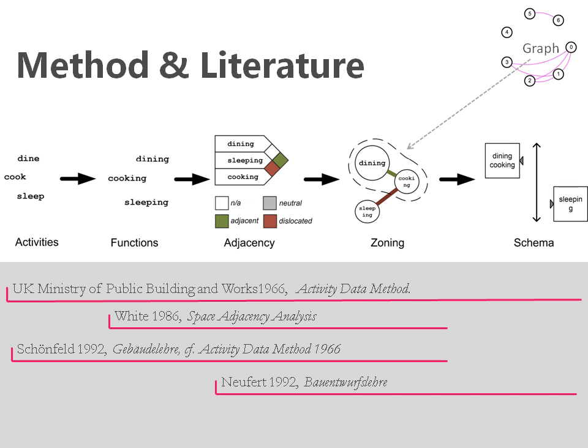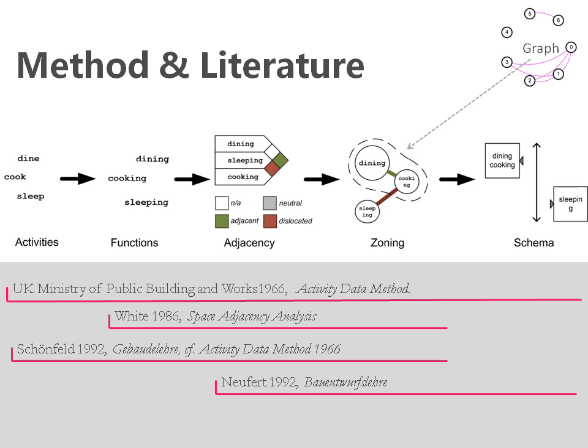And then, since you now have a couple of spaces, you want to relate them to say which space should be close to another space, and which space should be dislocated from another space. Let's say the toilet and the kitchen should be dislocated, or are they co-located? I don't know. In this example, I've got dining, sleeping, and cooking as main functions, and sleeping and cooking should be far away, so we have this red relationship between both.